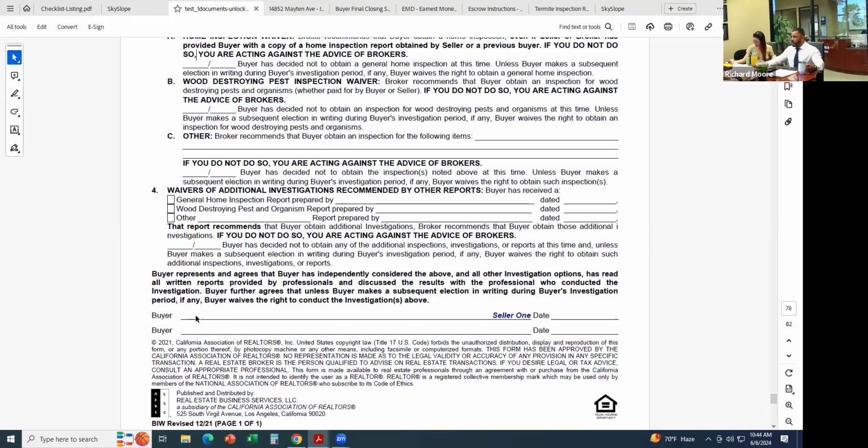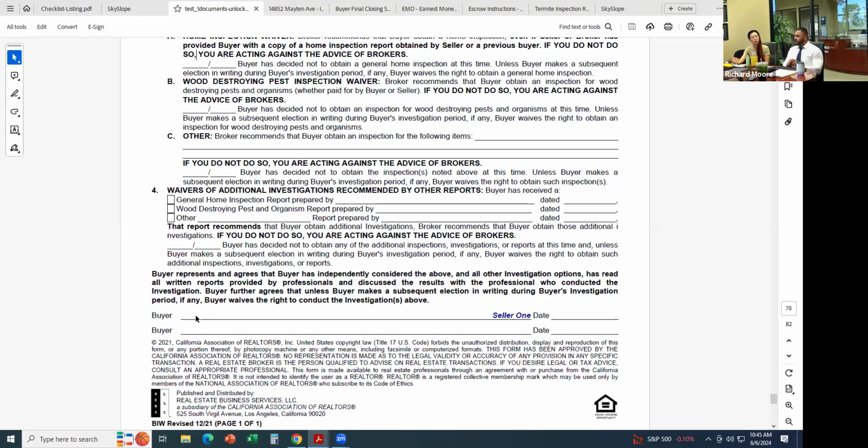So the termite inspection is not required, right? No. Okay, so either the buyer wants it and the buyer pays, or if the buyer wants it, they can ask for it in the purchase agreement that the seller pay for the termite inspection. There's no form though? No, you write it into the contract.